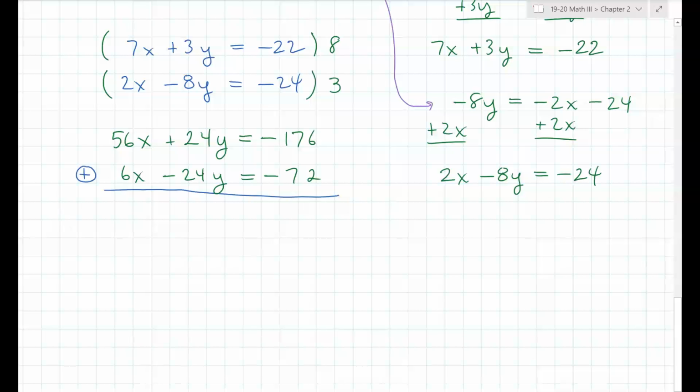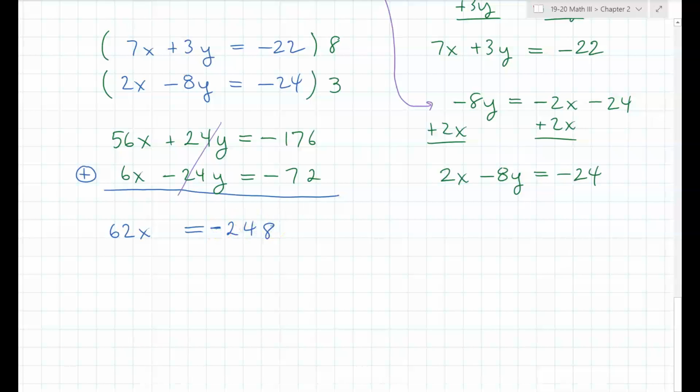So 56 plus 6 is 62x. 24 plus a negative 24 cancels. And that's equal to negative 176 plus a negative 72. I got to add those numbers. So that's negative 248.